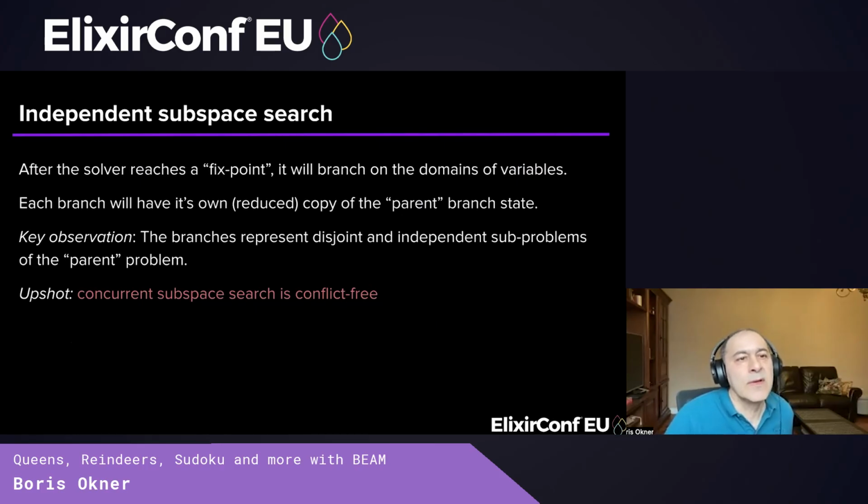And the second part of it has to do with the implementation. Usually, when we do branching, each branch will have its own reduced copy of the parent branch state, and when branches go apart, they do not share anything between each other.